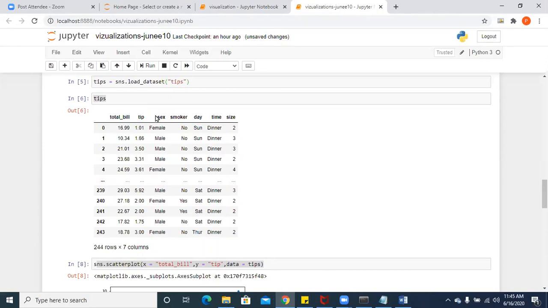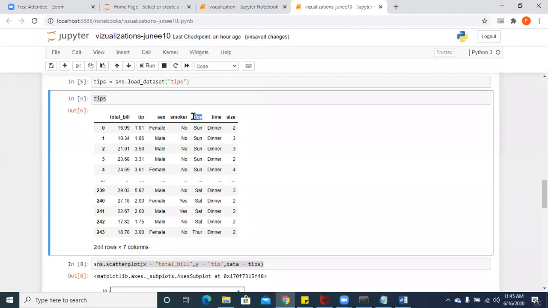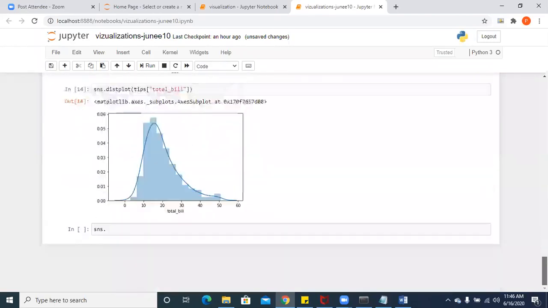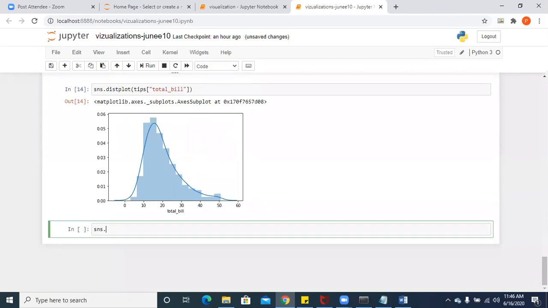Time, day, and sex are textual data. Total bill, tip, and size are the numerical data.